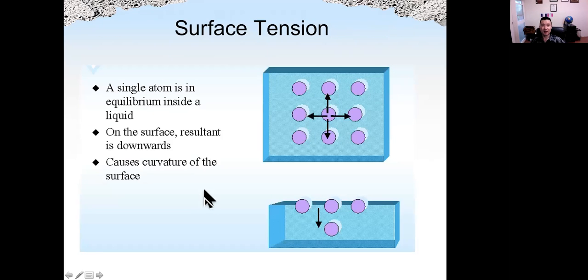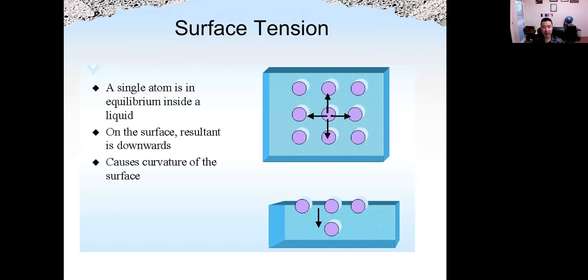Before we do that, let's discuss the basics, why we can use the mercury intrusion porosimeter to measure the pore volume. Here shows what surface tension is. A single atom inside the liquid is balanced, the force is balanced. But for a molecule on the surface, the resultant force is downwards.